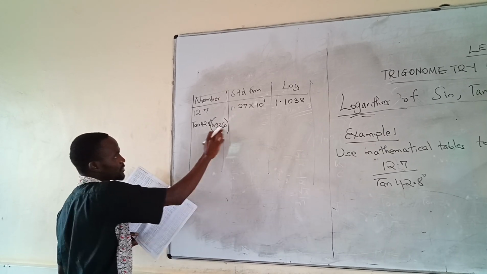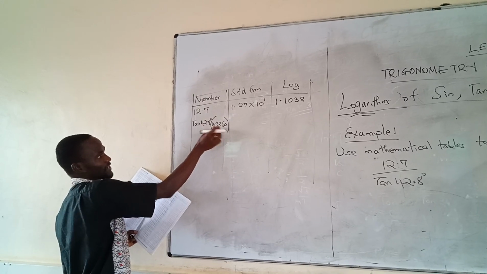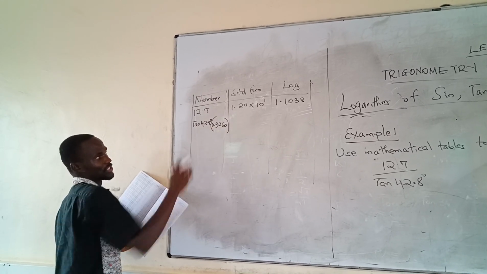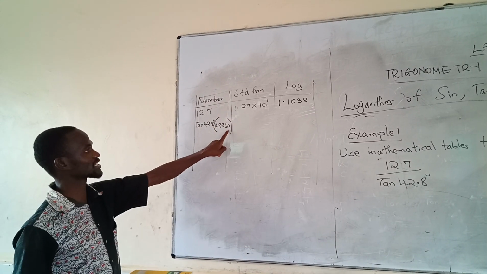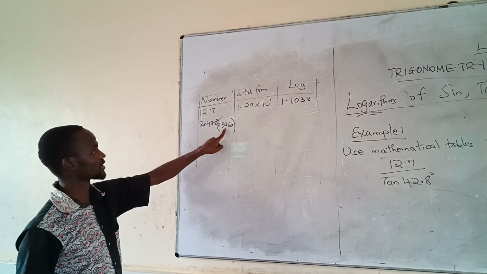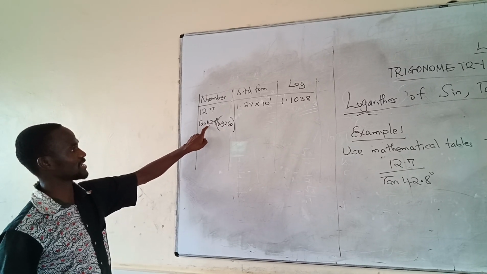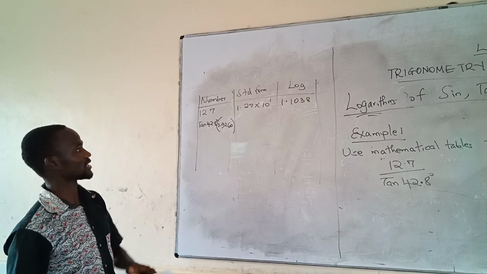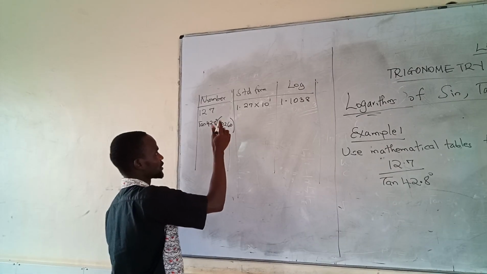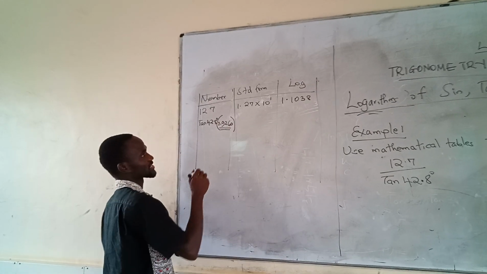So now this one becomes our number, having replaced tan 42.8. 0.9260 is the exact number that will replace tan 42.8 degrees.